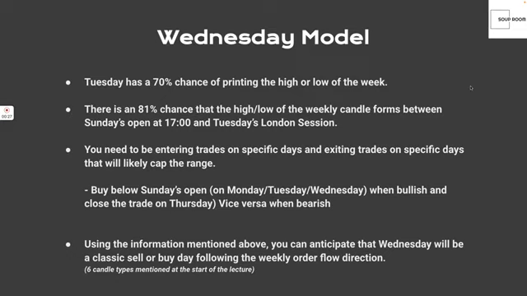There is an 81% chance that the high or low of the weekly candle forms between Sunday's open and Tuesday's London session. Very important. You need to be entering trades on specific days and exiting trades on specific days.